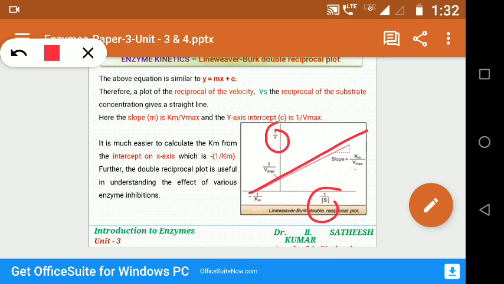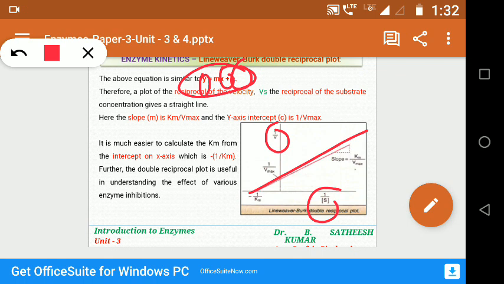So therefore, from this straight line we can easily calculate. In y equal to mx plus c, y means the value on the y-axis, x means the value on the x-axis, and c is the intercept.